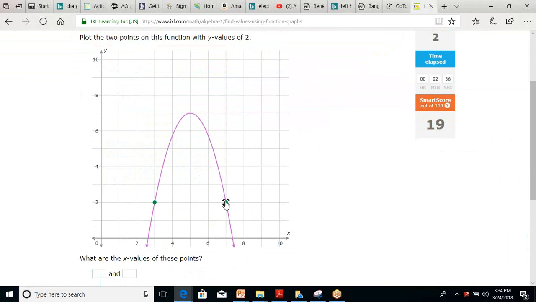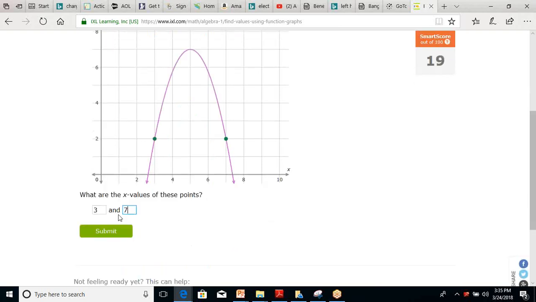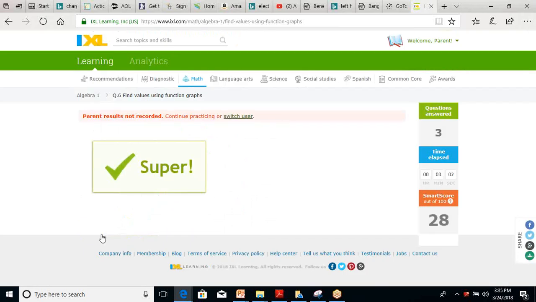So the x values would be 3 and 7. Do you see that? Okay, so 3 and 7. You just come across to where it intersects the graph, and then you write it.